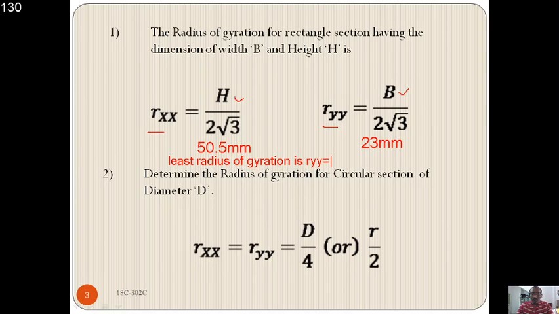So ryy is equal to r minimum, or you can say r minimum is equal to 23 mm. This is how it is useful to report the minimum value. So in the question, if they are asking to find the least radius of gyration, you need to find rxx and ryy, then give the minimum value as the least radius of gyration.